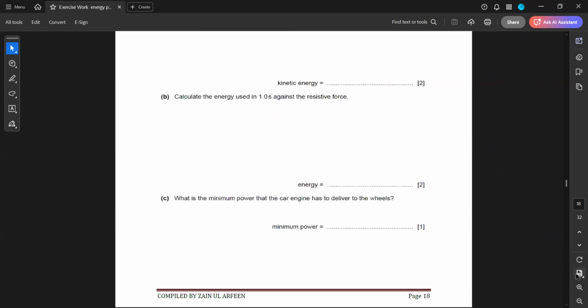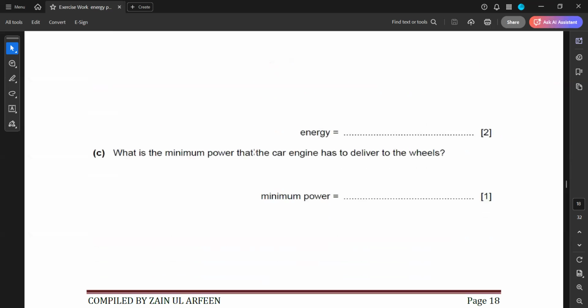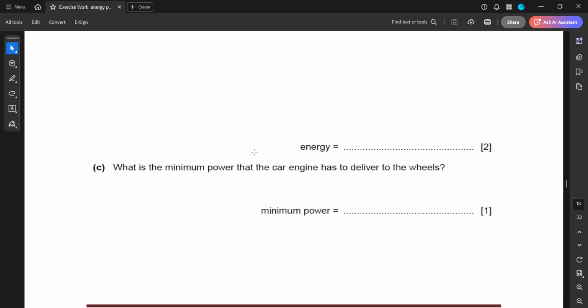Next is: what is the minimum power that the car engine has to deliver to the wheels, because the car is moving at a constant speed? For the minimum power, here we calculated the energy.